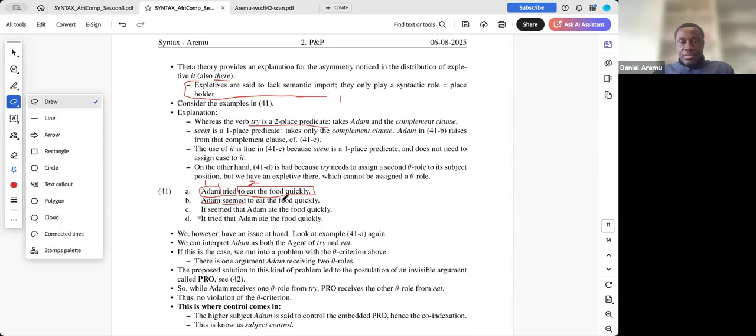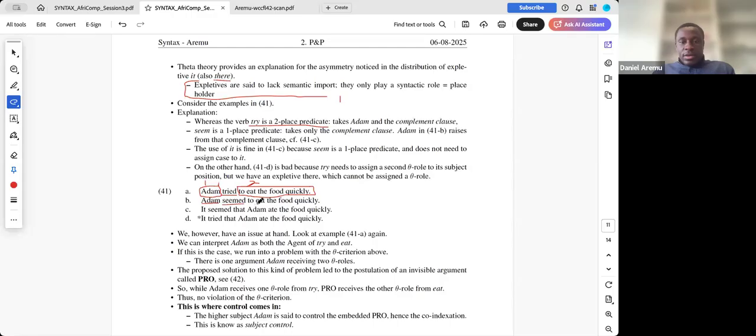So we have to eat the food as a non-finite. So on the surface, we might want to say that seem should be a two-place predicate, right? Because you have Adam, you have another, just like what I said with 41a, we try. But that's not the case.